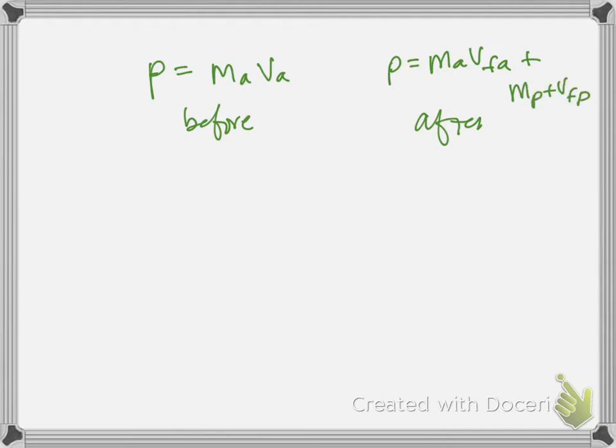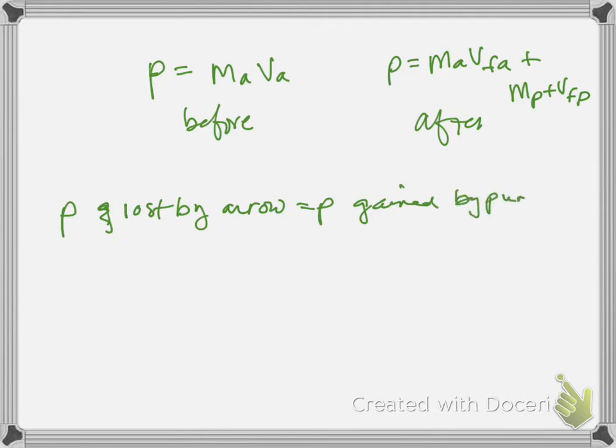So we've got to take that all into account. But if we think of this as a conservation of momentum question kind of as a system, what we have is momentum lost by the arrow equals momentum gained by the pumpkin, right?